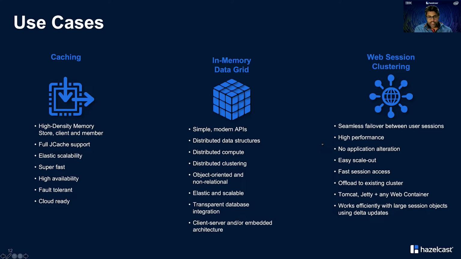So any Java developer who has been using data structures like maps or sets or queues or topics or things like executor service or entry processors in the concurrent package, these are the exact same APIs that we use in Hazelcast. And I'll show you that soon when we look into the demo.